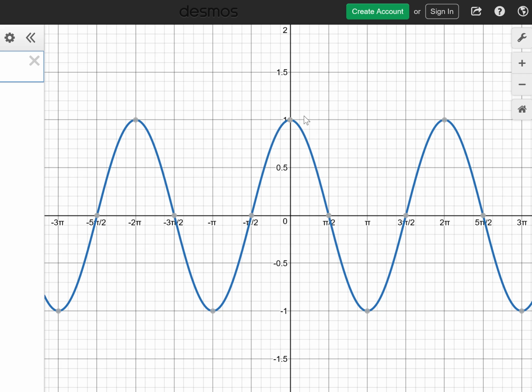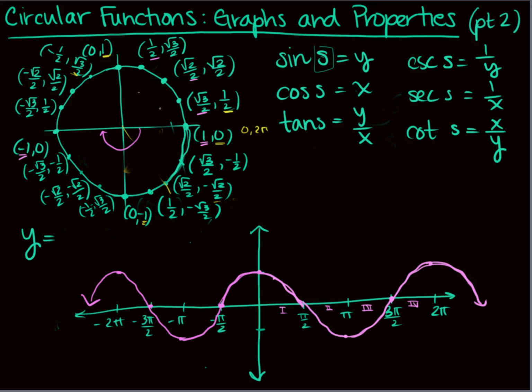It's going to be positive when we're here in the first quadrant, or this right here is the fourth quadrant. Okay, negative in the second and third quadrant, and so on and so forth. Okay, so there's cosine. All right, so let's develop the other function.